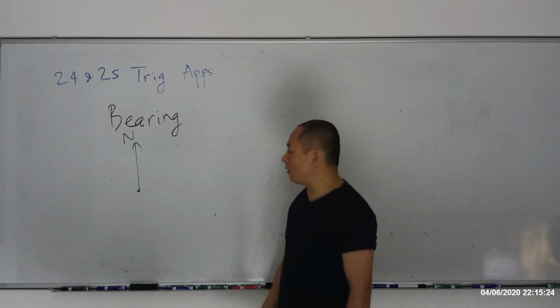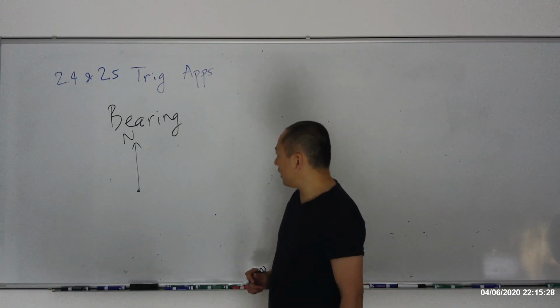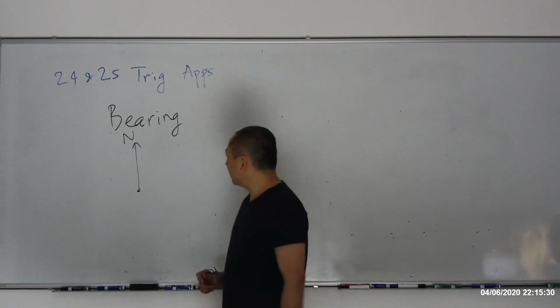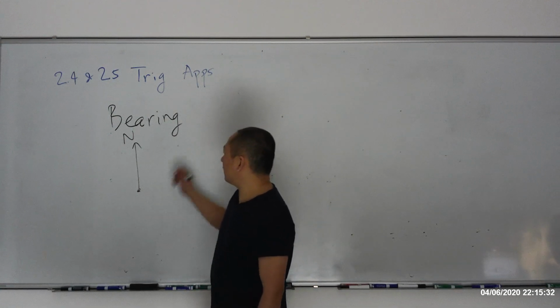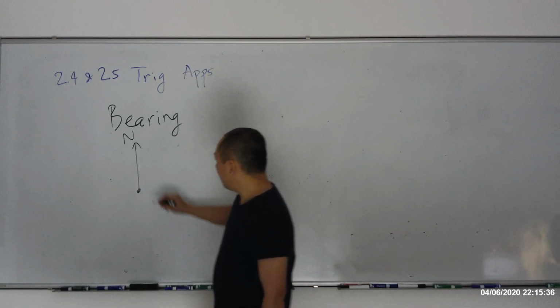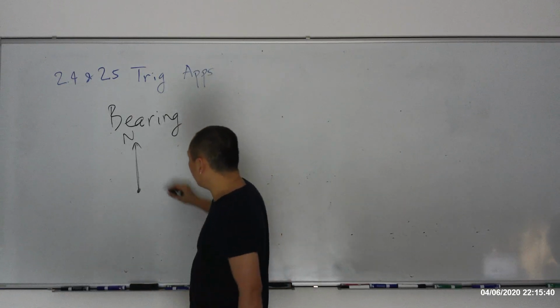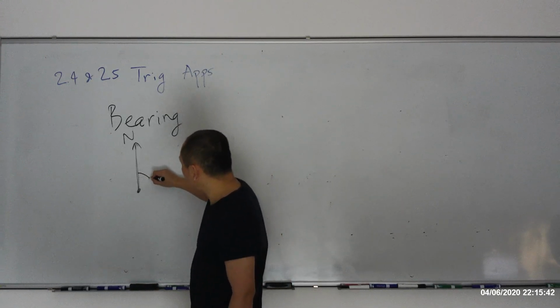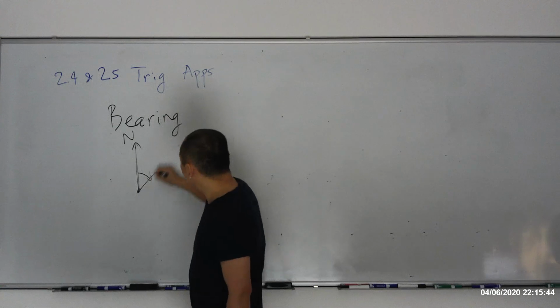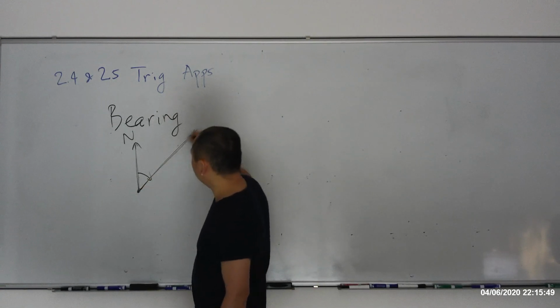So for example, we say a ship is moving in the direction of a bearing of, say, 25 degrees. It means what? You know the position of the ship right here, and the north direction will never change, and then 25 degrees, you go clockwise. That's a 25. So this is the direction of the ship moving.